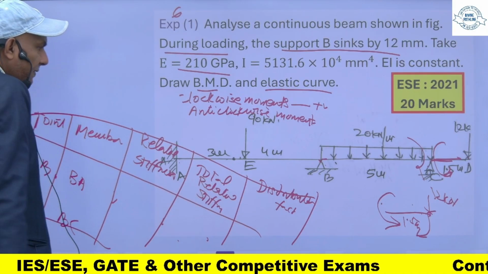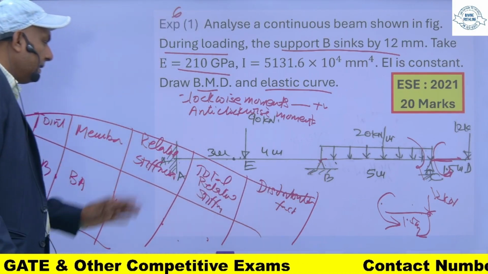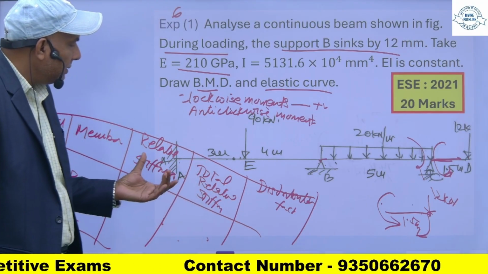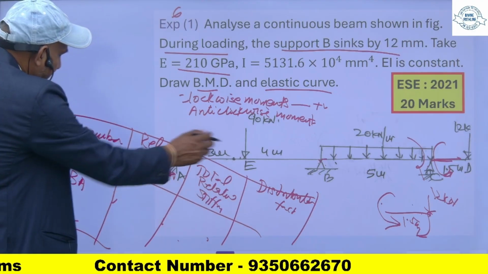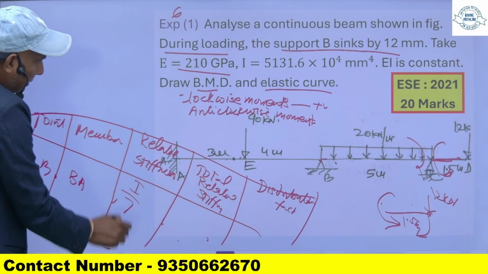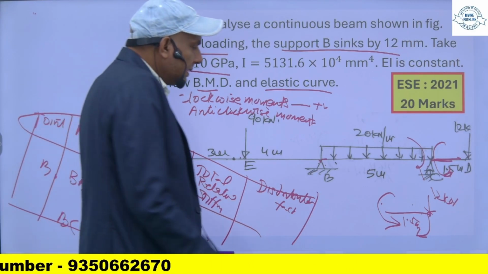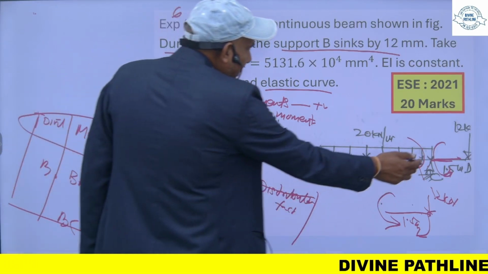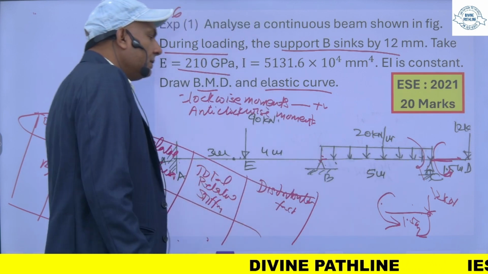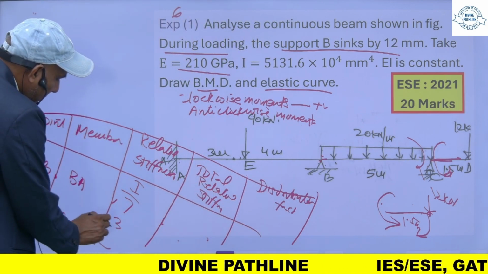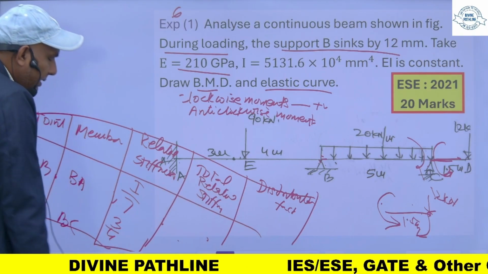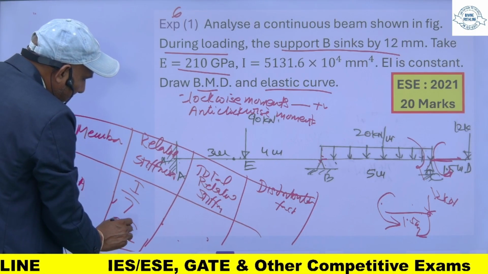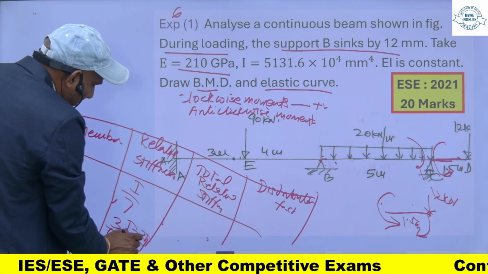Relative stiffness for this portion: as we know, this end is fixed, so it will be I upon L, the moment of inertia divided by the length. So I upon 7. And for member BC, this end is hinged, so in case of simply supported or hinged, it is 3 by 4 I upon L. So it will be 3I upon 20.